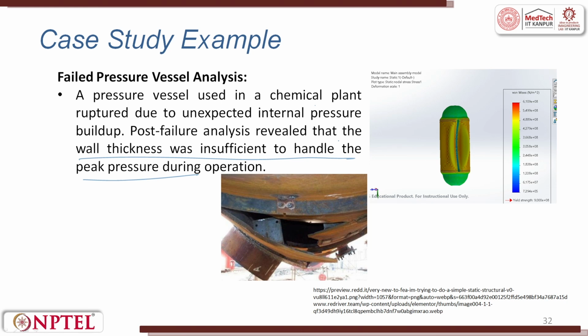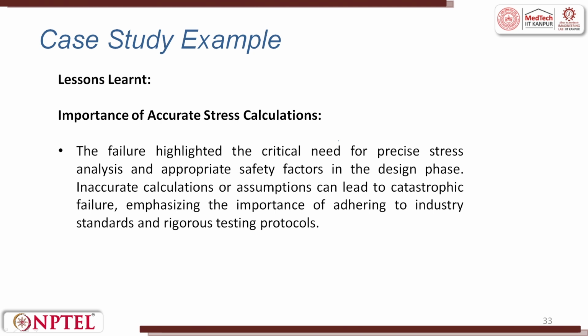So the internal pressures are very high and the wall thickness is very low. The lesson learned from this case study is that the failure highlighted the critical need for precise stress analysis and appropriate safety factor in the design phase. Inaccurate calculations or assumptions can lead to catastrophic failure, emphasizing the importance of adhering to industrial standards and rigorous testing protocol.